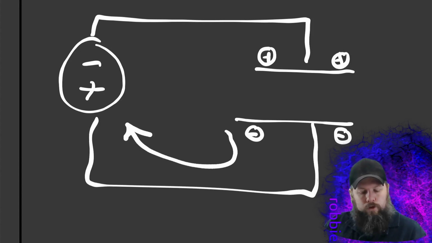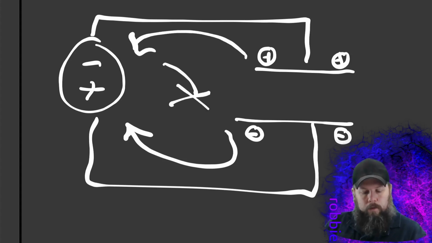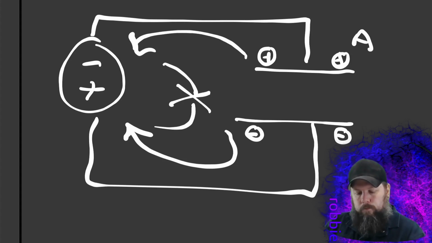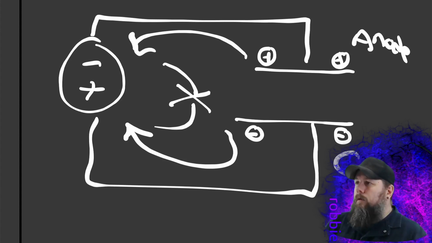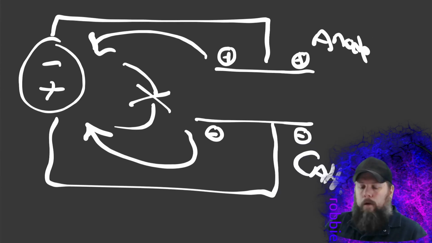Those are going to be attracted to there, so that gap is going to get bigger, and current will not be able to flow. So if our anode is connected to our negative, and our cathode is connected to our positive, you're not going to get flow.